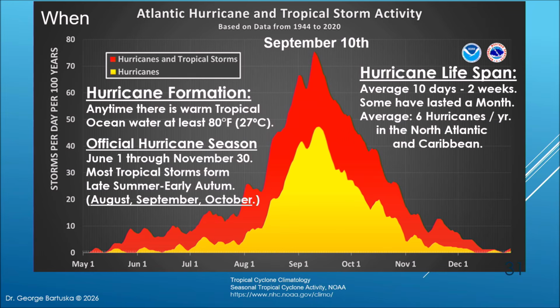Official hurricane season is June 1 through November 30th, but most tropical storms form in late summer and early autumn: August, September, October. Hurricane lifespan: the average lifespan is 10 days to 2 weeks, although we've had some last a month. On average, there are 6 hurricanes that impact the United States every year, but it only takes one.